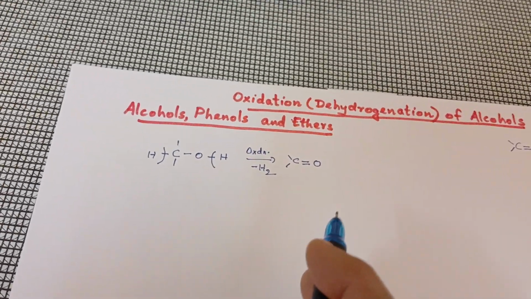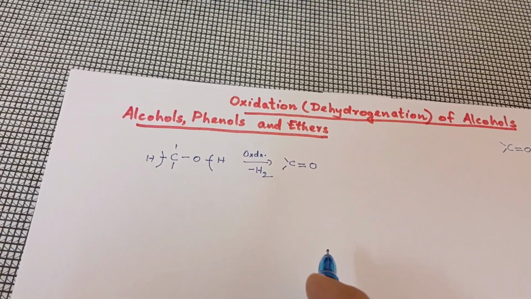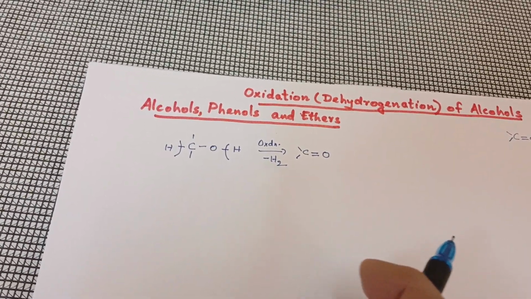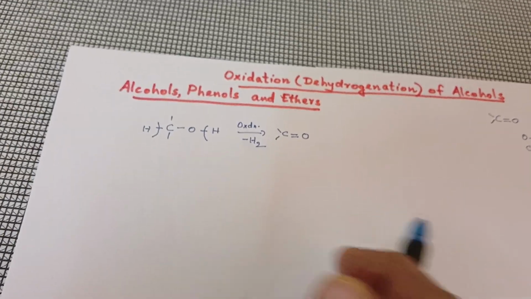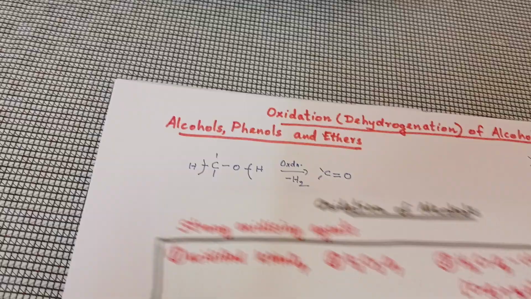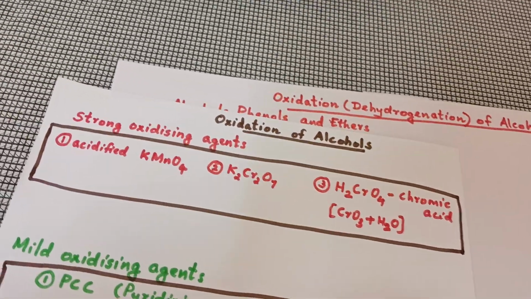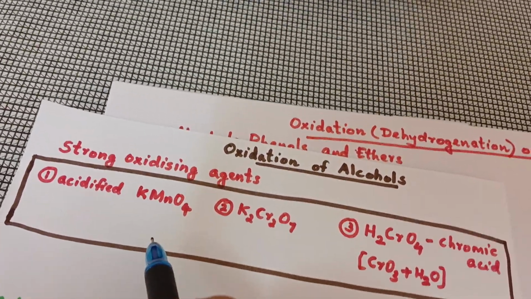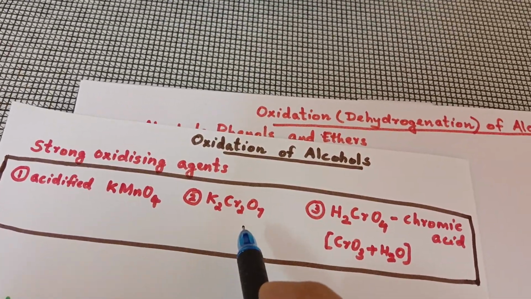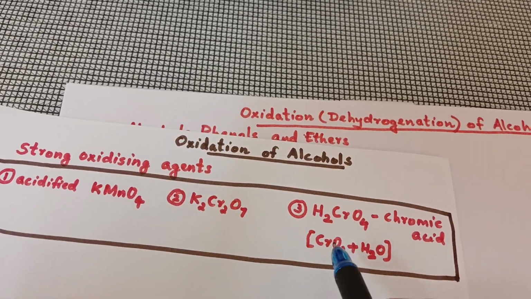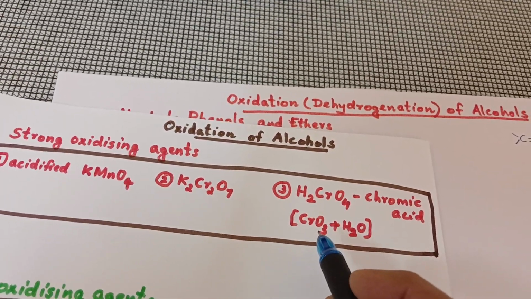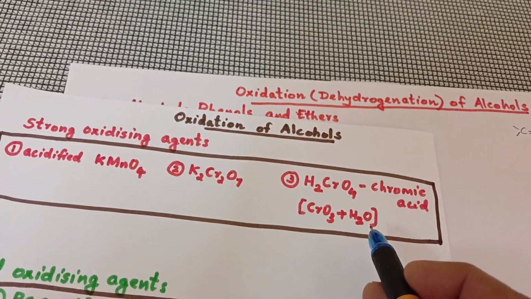Now, in order to bring about the oxidation of alcohols, we have oxidizing agents. We have strong oxidizing agents and we have mild oxidizing agents. A few examples of strong oxidizing agents are acidified KMnO4, then K2Cr2O7 and chromic acid H2CrO4, which is obtained by mixing CrO3 with water.